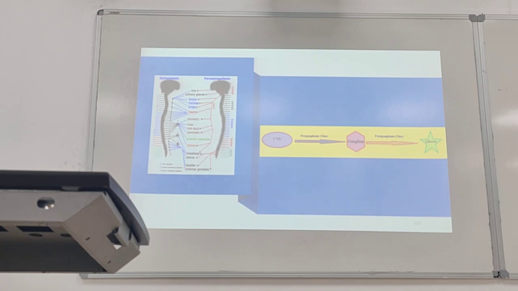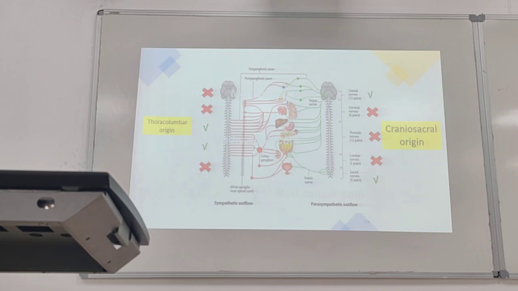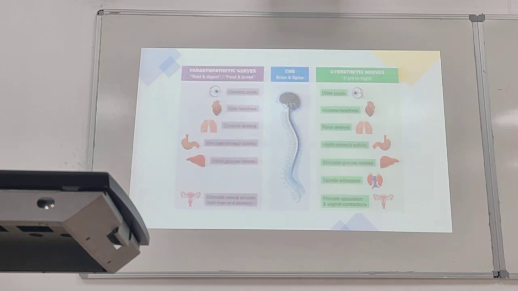Alright, so now I go back and ask you the final question. What is the origin of the sympathetic system? It is thoracolumbar. What is the origin of the parasympathetic nervous system? Craniosacral.